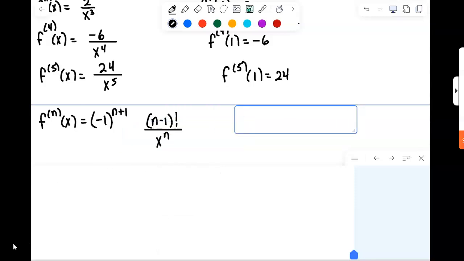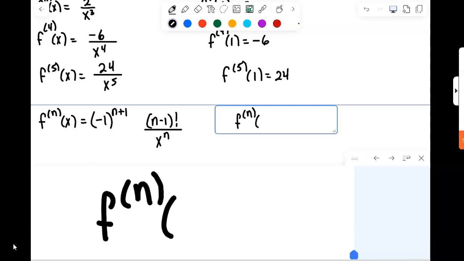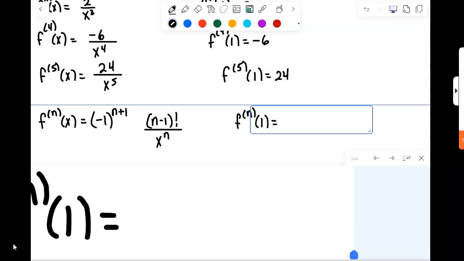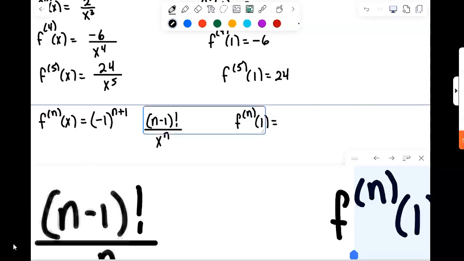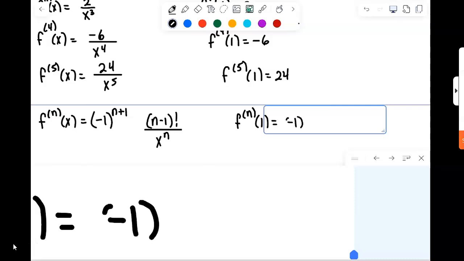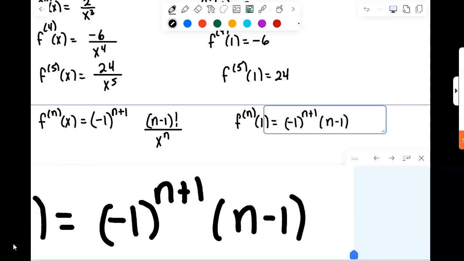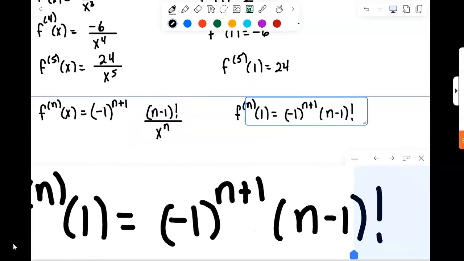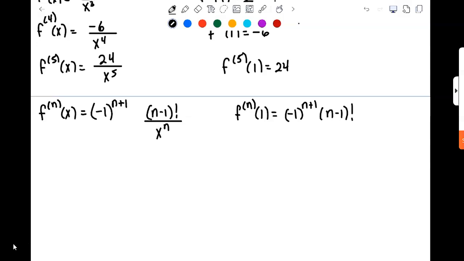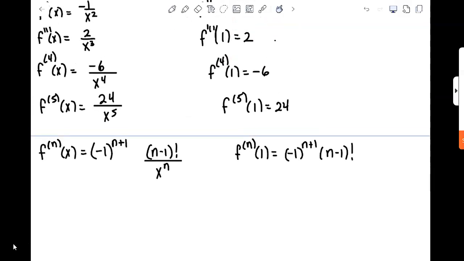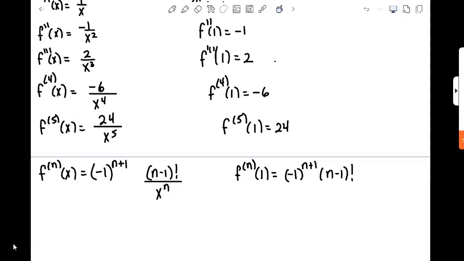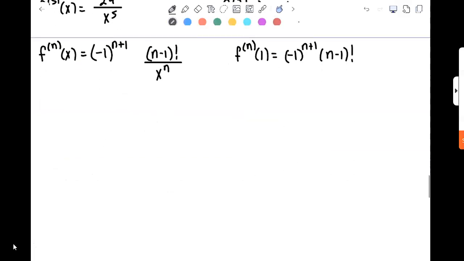So when we evaluate the nth derivative at 1, that's just going to be -1 to the n plus 1 times n minus 1 factorial. The denominator will just disappear. And so that's what my coefficients look like for the derivative part. And so with that all worked out now, we can finally put it together to start talking about our series. The general series.